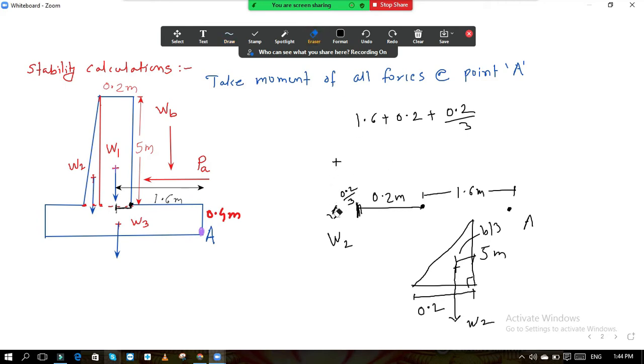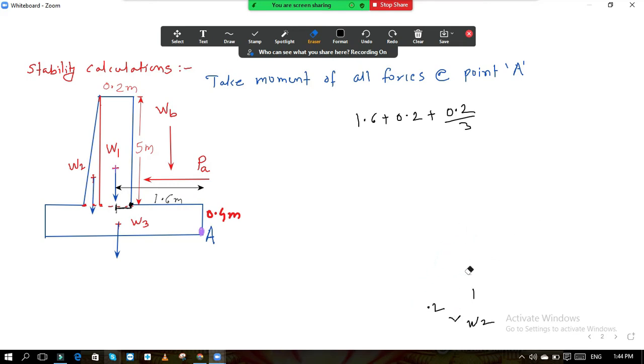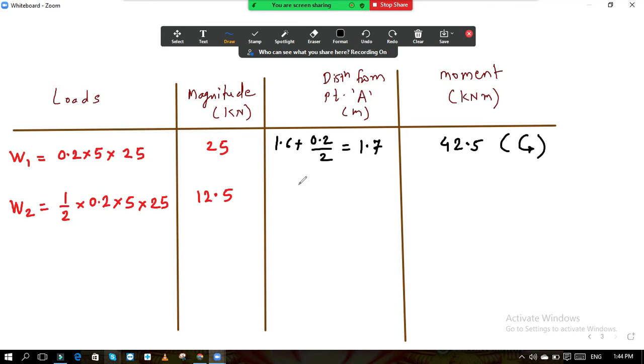Now this you have already learned. Still, I have told you for a single calculation in detail, so now you will be able to understand the rest of the calculations. So it is now 1.6 plus 0.2 plus 0.2 by 3.